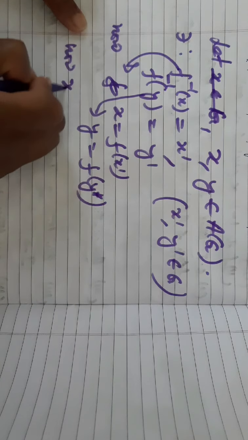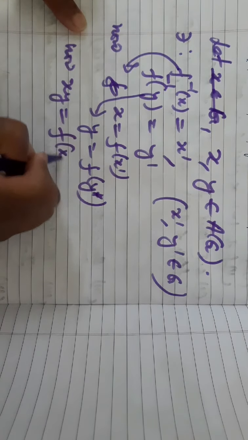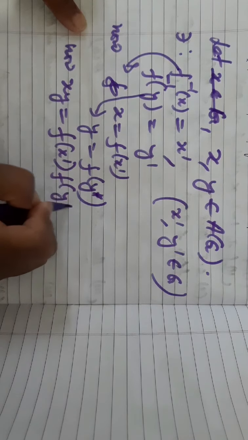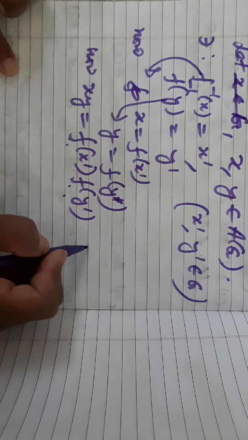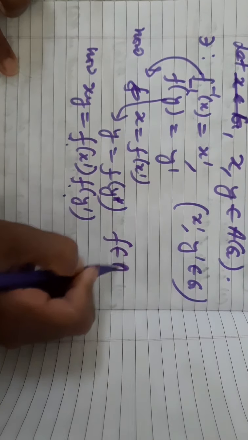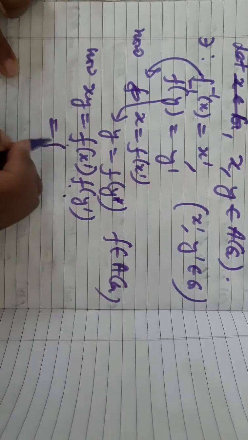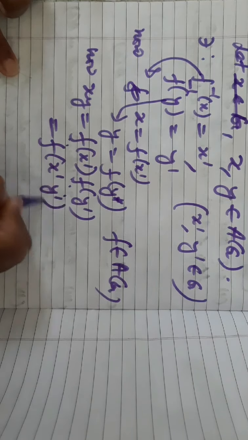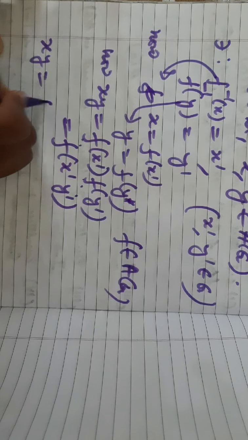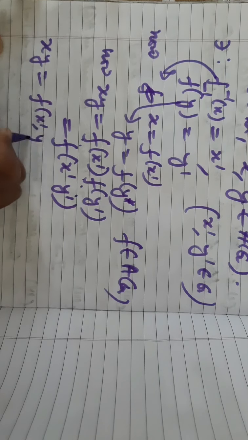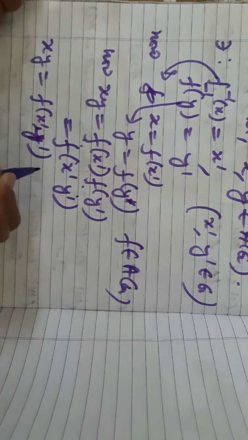Now let us find xy. xy is equal to f(x prime) into f(y prime). But as f is a homomorphism, as it belongs to A(G), this will be the same as f(x prime y prime). So it means that xy is equal to f of x prime y prime.